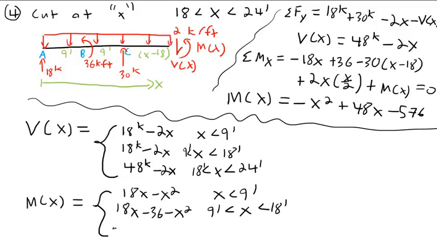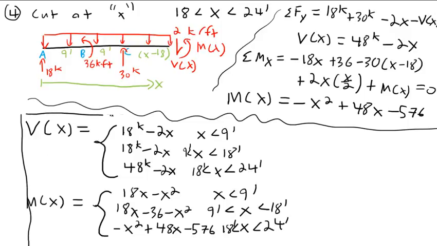And then it's going to be negative x squared plus 48x minus 576 for x between 18 feet and 24 feet. And now we have the full shear and bending moment expressions for this beam as a function of x.